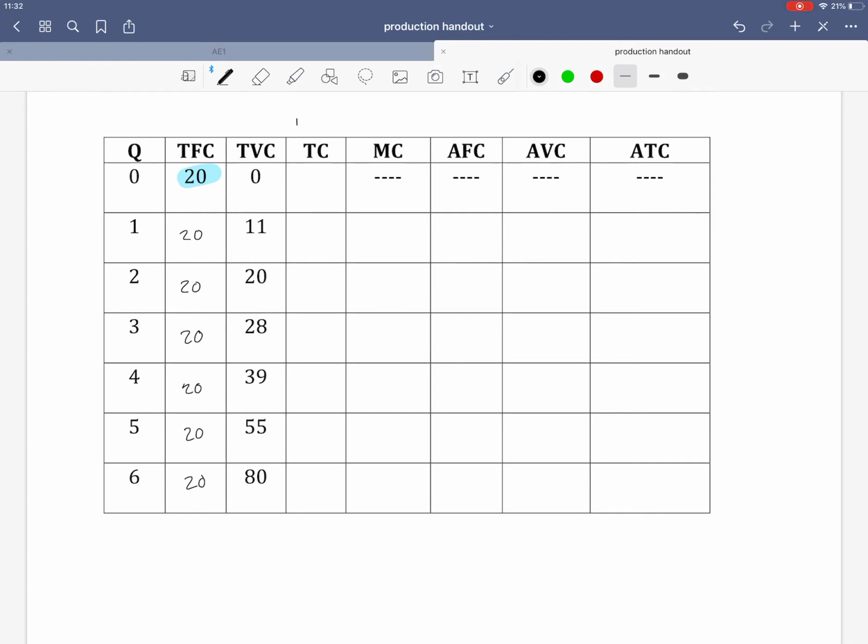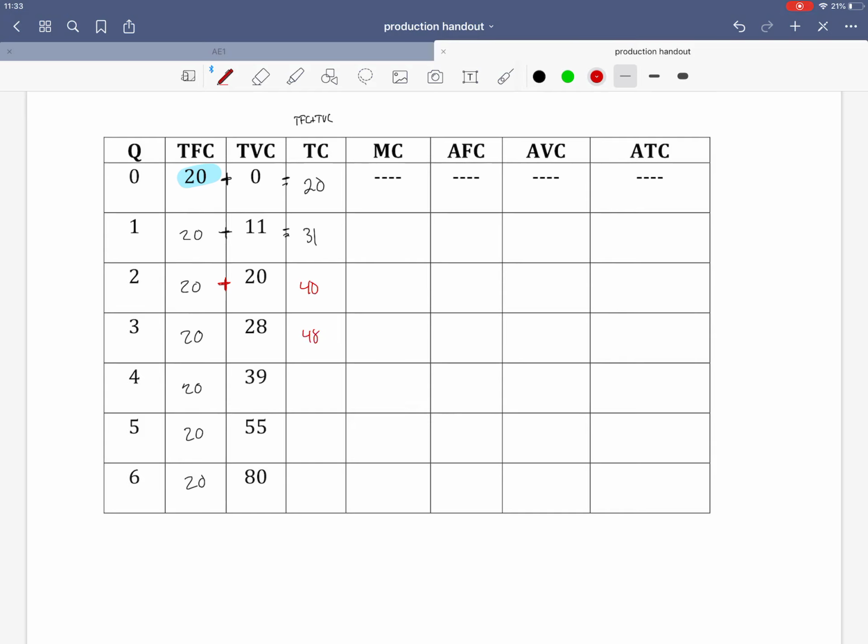Total cost is going to be equal to our total fixed costs plus our total variable costs. So 20 plus 0 is equal to 20. And I guess we can just fill out columns since we have the information. So 20 plus 11 is going to be equal to 31. 20 plus our 20 is going to give us 40.